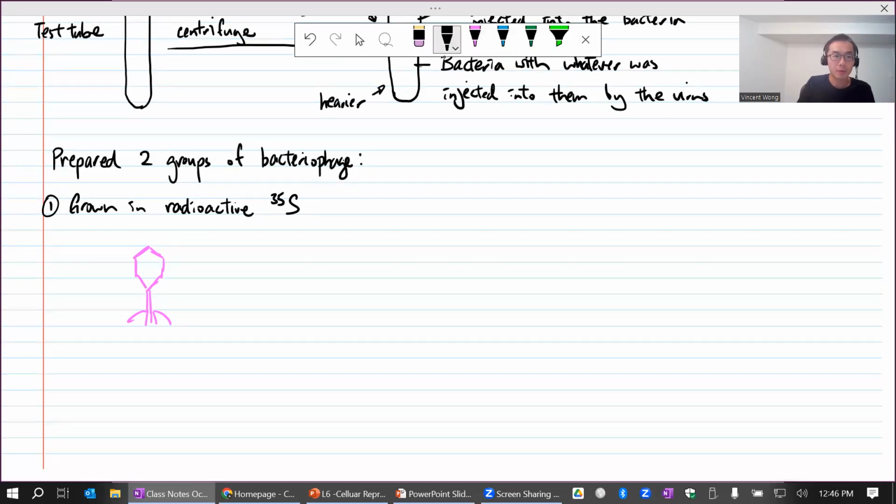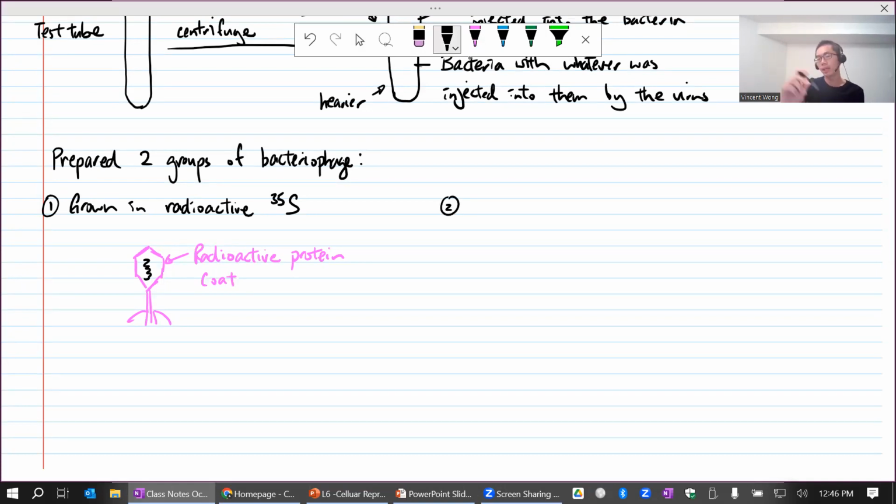But the DNA will just be normal. So this is a radioactive protein coat. Remember, sulfur is only found in proteins and not DNA.